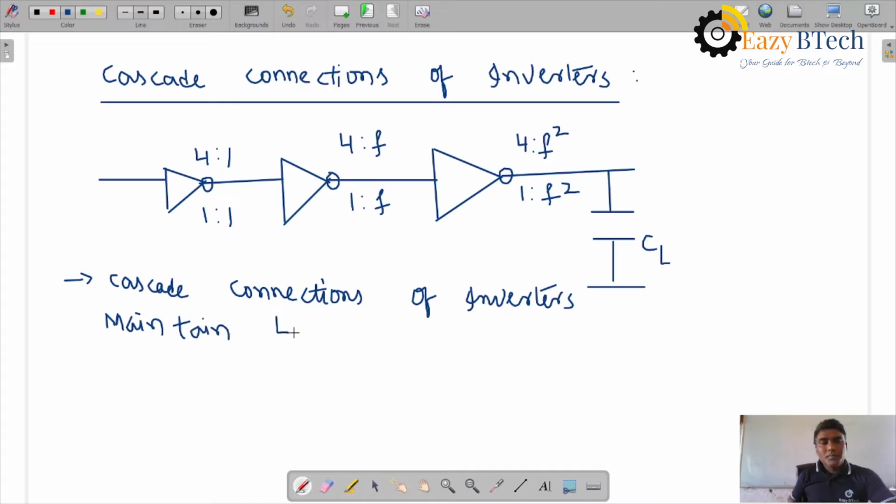Each inverter maintains the large capacitive loads, so that large capacitive loads are maintained on-chip.